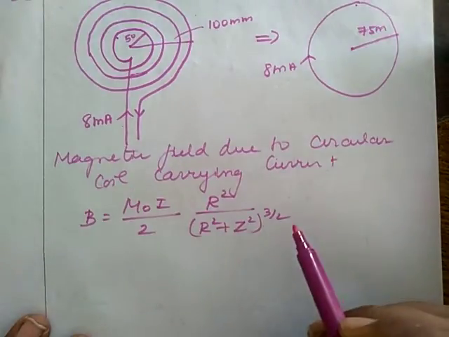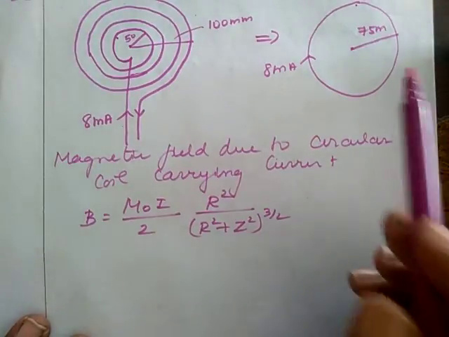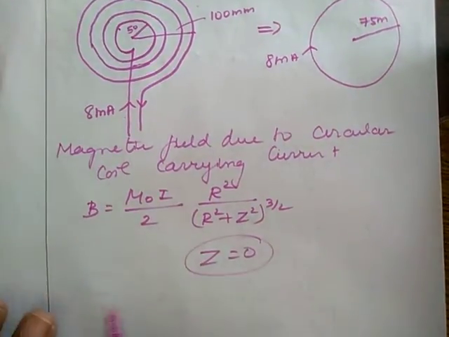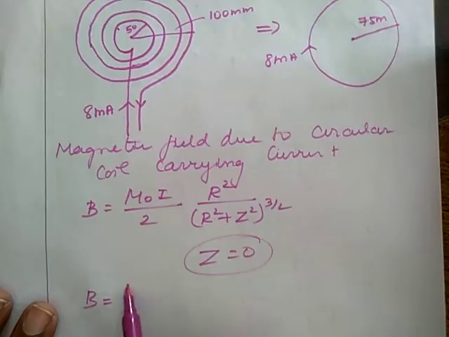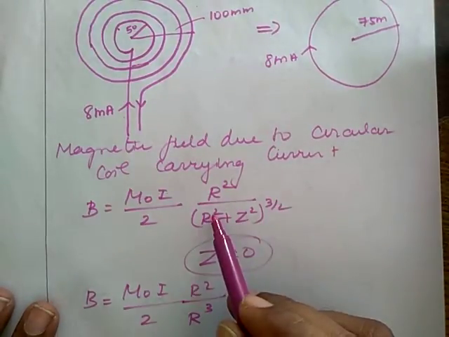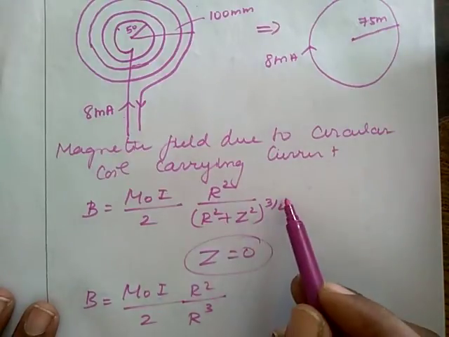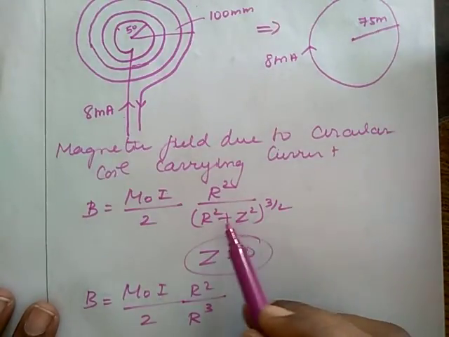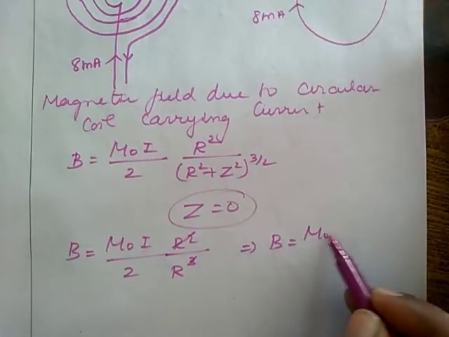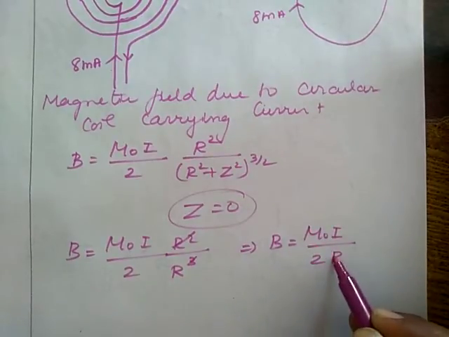Here we need the magnetic field at the center, so Z becomes 0. Then B is equal to mu naught I by 2 into R square by R cube. Because Z is cancelled, it becomes R cube. Cancelling this, we get magnetic field B is equal to mu naught I by 2R.